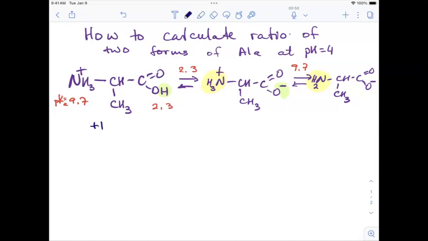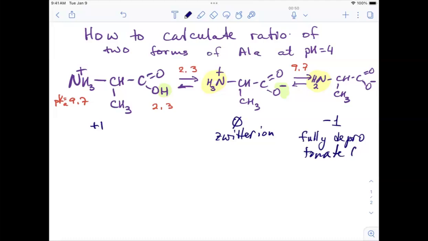Then the middle form has a positive charge on the amino group and a negative charge on the carboxyl group, so the net charge is 0. I'm going to call that the Zwitter ion. The last one has net charge -1. This would be the fully deprotonated form, where all the protons that could be lost got lost. And the first one, the +1 net charge, will be fully protonated. We can refer to the forms by their net charge.